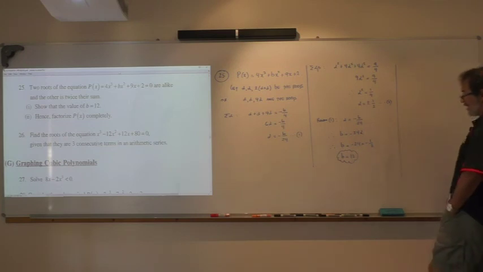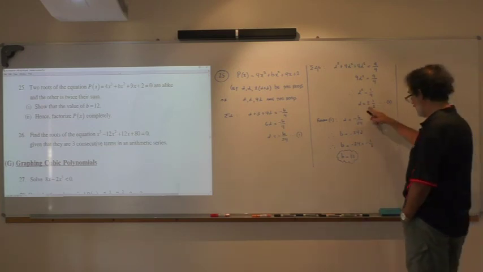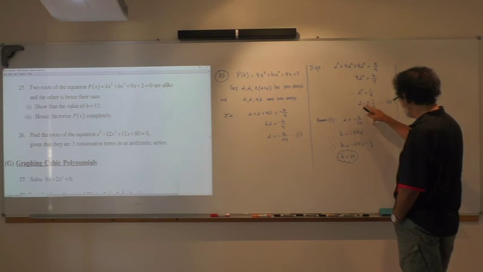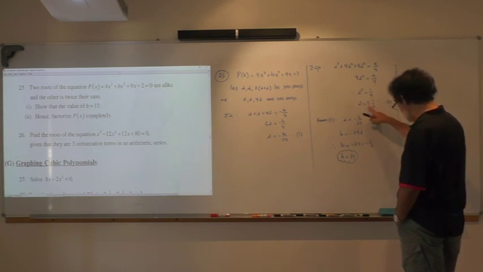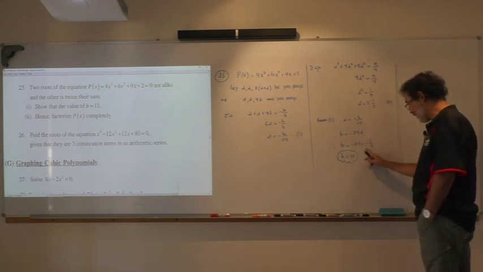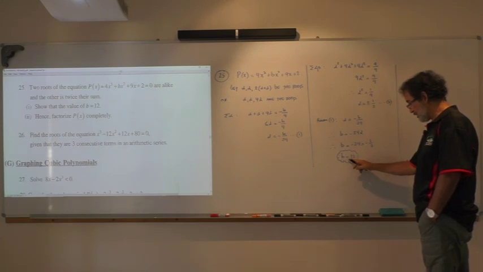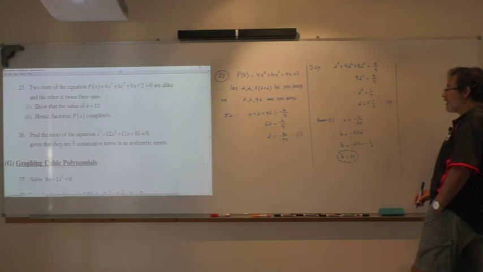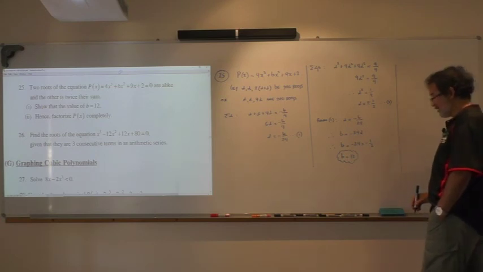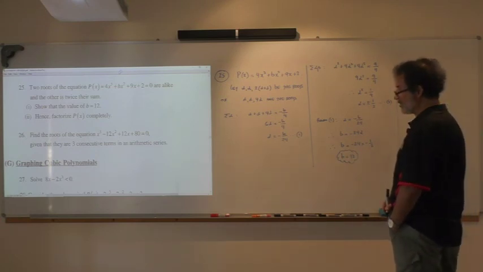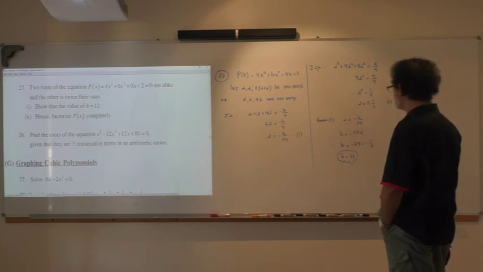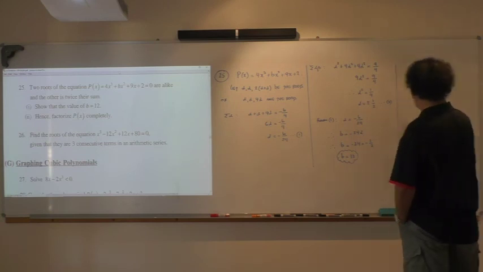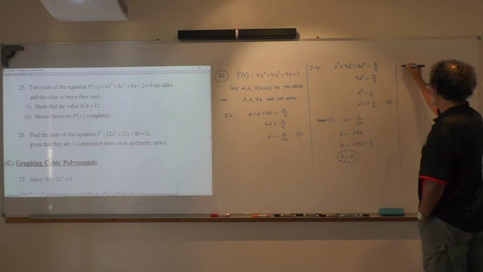But in here, can you see that alpha can be positive or negative? That means b can be positive 12 or negative 12. So how can we show that b is equal to positive 12? To do so, I think we have to do the third part, the alpha, beta, and gamma stuff.